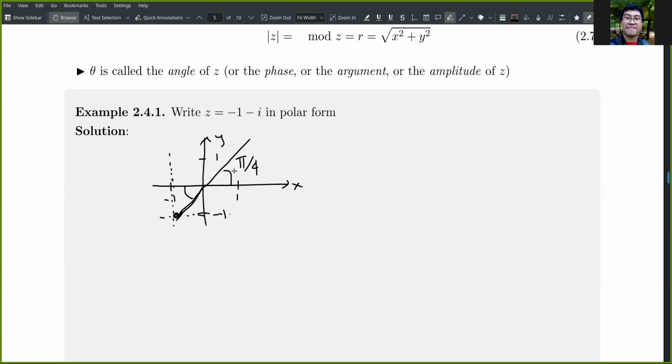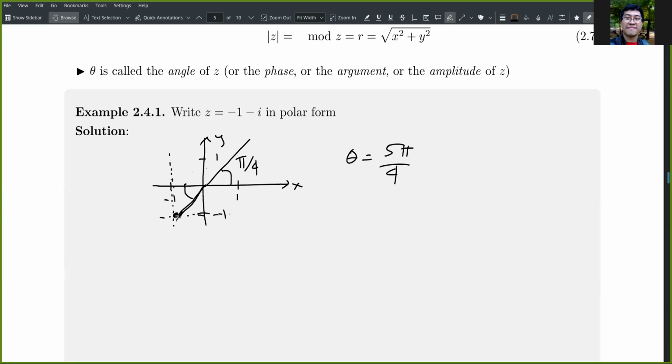Now we go 5 times pi over 4, so pi over 4 plus pi over 4 plus pi over 4 plus pi over 4 plus pi over 4. That's theta equals 5 pi over 4. Now that's not the only value of theta. If we go around one full revolution, we go back to the same point.